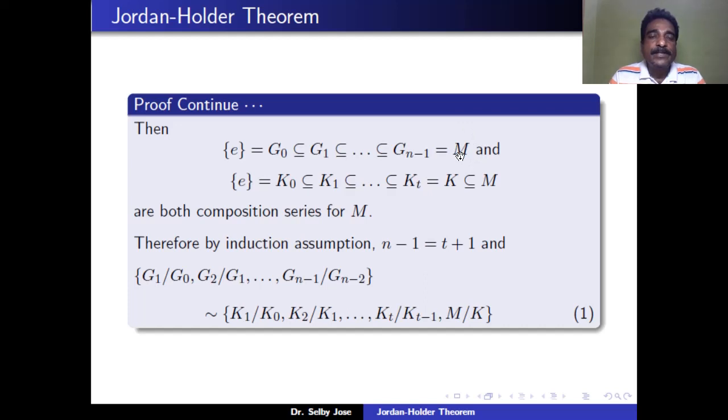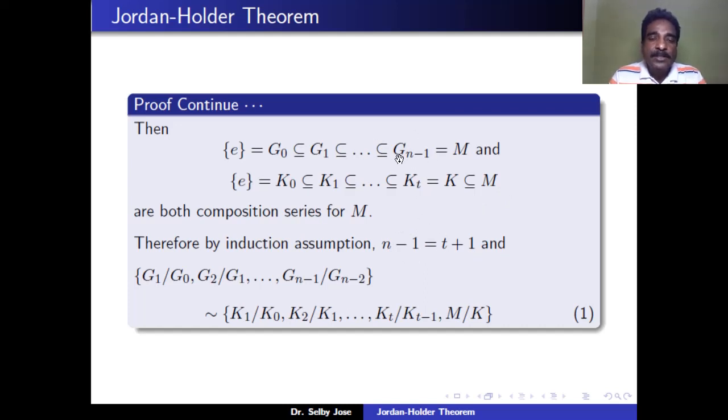But the order of M is less than the order of G. Therefore, by the induction assumption, here there are n minus 1 terms and here there are t plus 1 terms, therefore n minus 1 is equal to t plus 1.